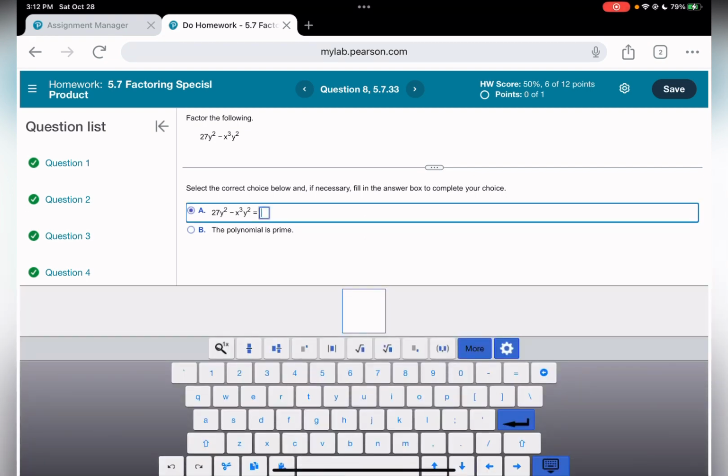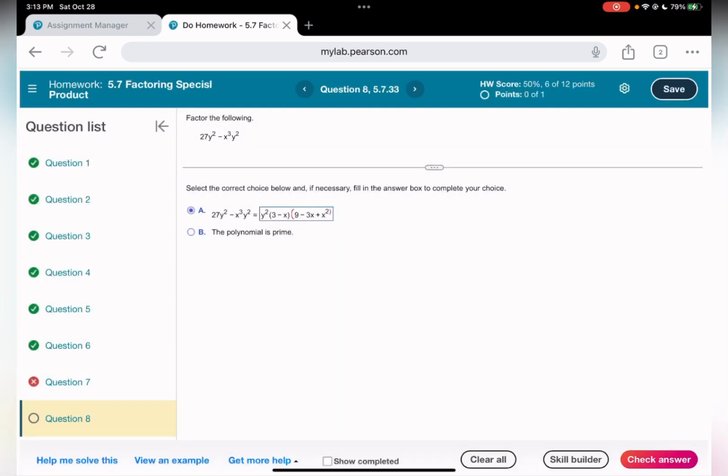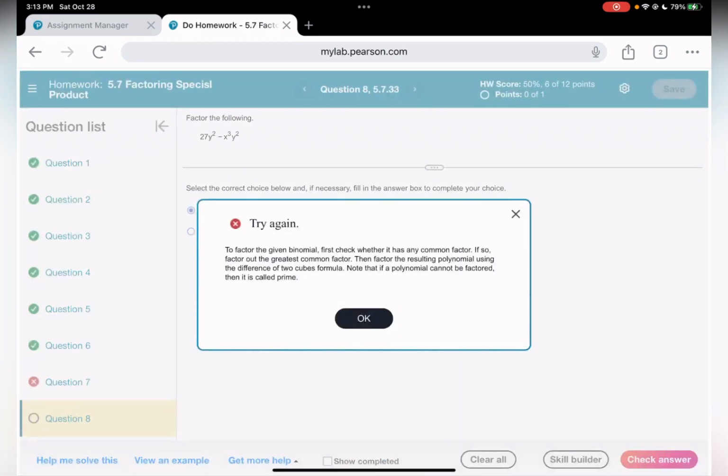And we are getting here y squared, and then opening parenthesis 3 minus x, closing, opening, and then 9 minus 3x plus x squared, closing parenthesis. Oh, squared parenthesis I have. Again.